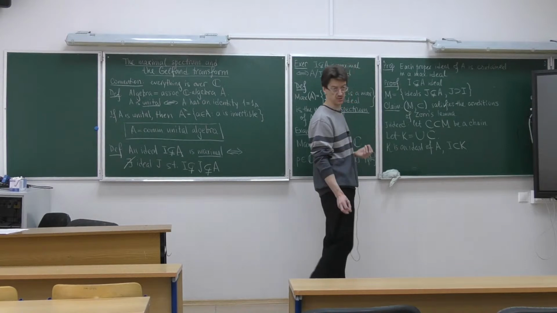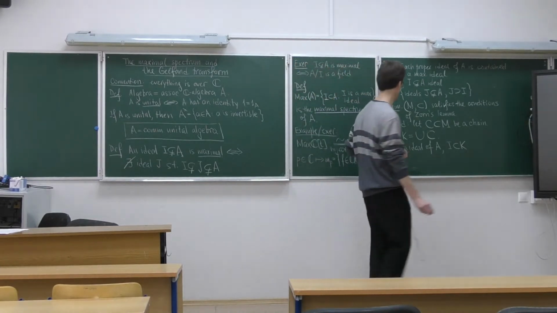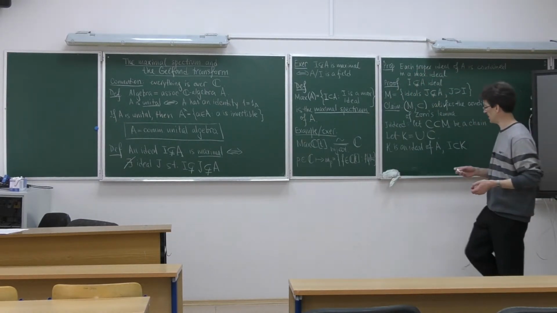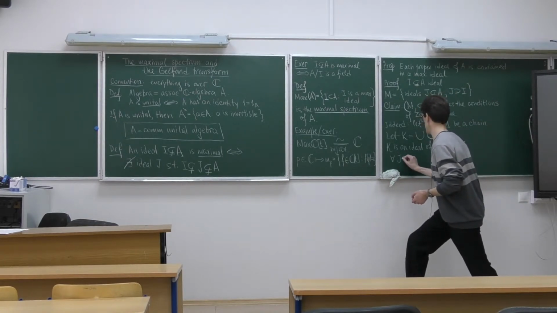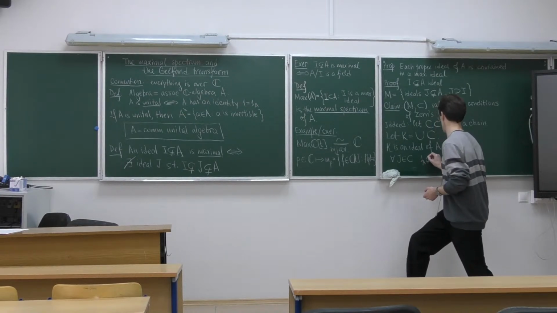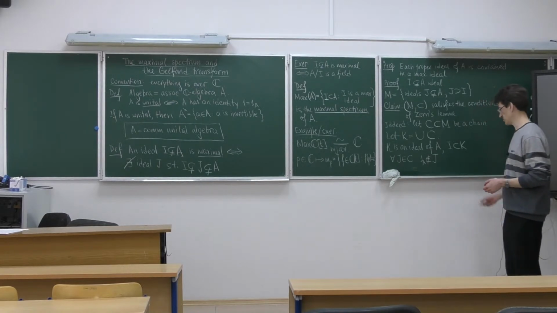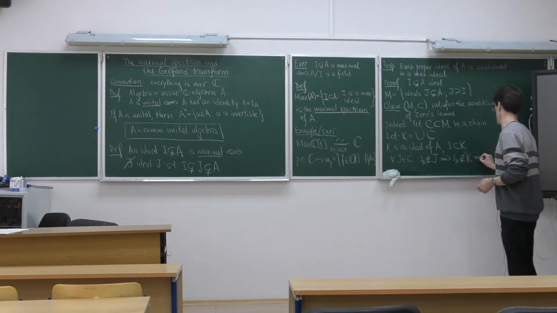So if you take the identity of the algebra, and it's essential here that A is assumed to be unital, then the identity of A doesn't belong to any ideal in C. So for each J in C, the identity of A is not in J. This implies that it is not in K, and so K is proper.